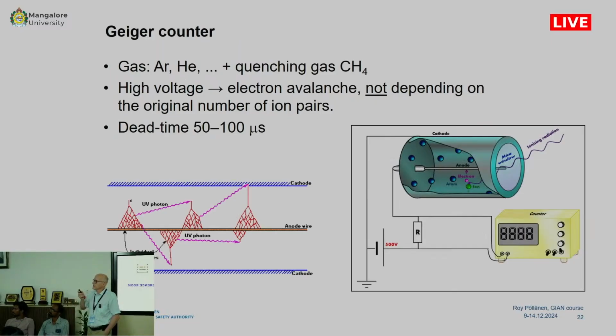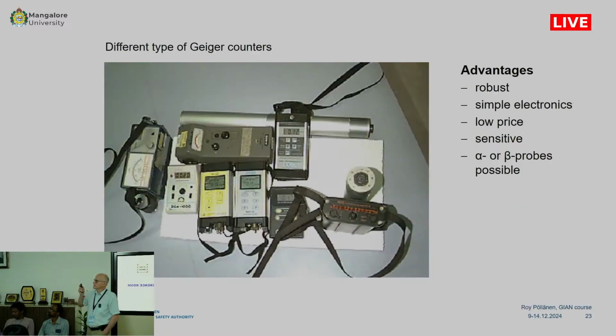And this is the Geiger counter. I already explained that there is an electron avalanche which does not depend on the original number of ion pairs. All right. And as you can see, there are a lot of different types of Geiger counters.